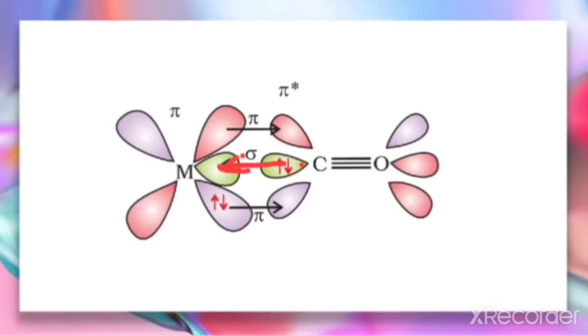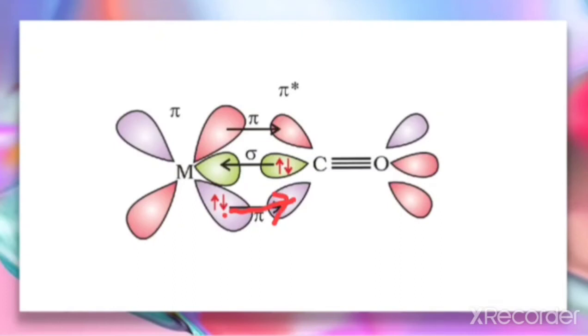But here there is a pi overlapping also involved. The electron which is present in the metal, that is in the filled d orbitals, is donated to the antibonding molecular orbital of carbon monoxide, that is empty.